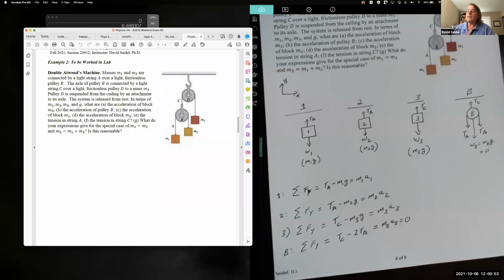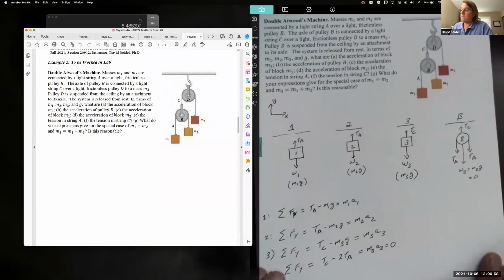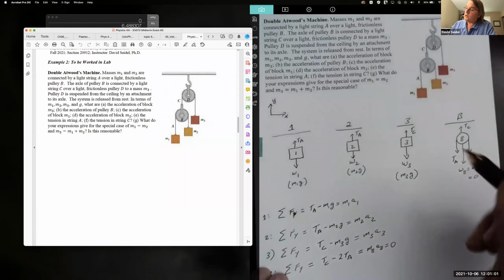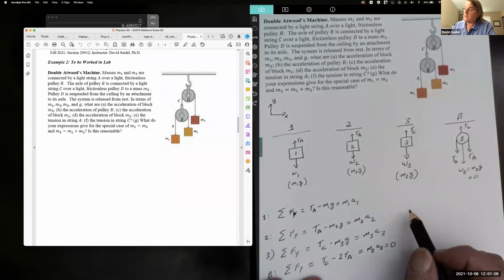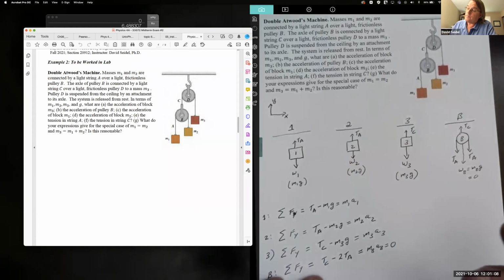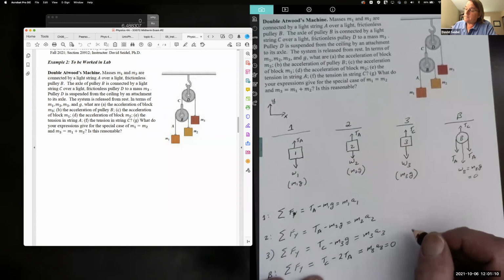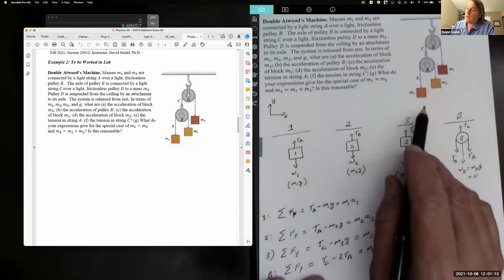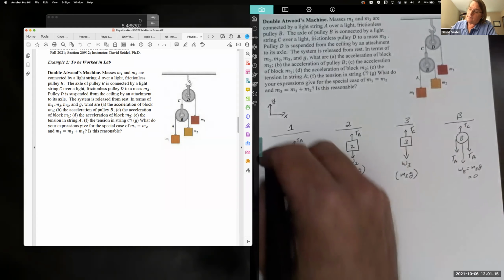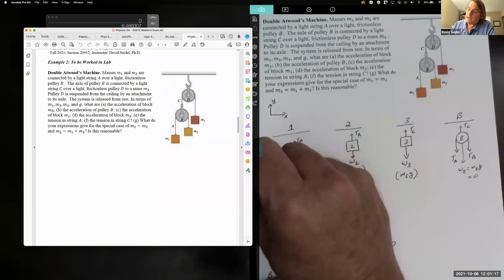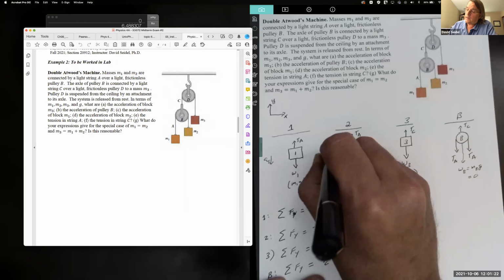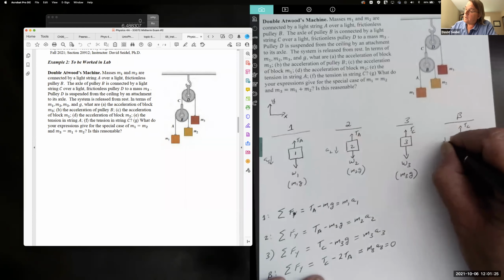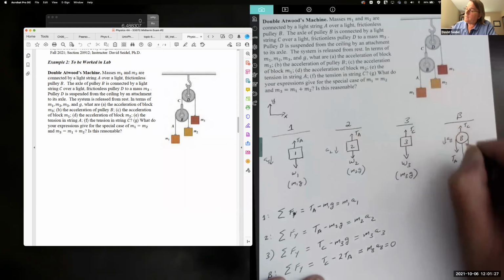So what's one thing that I know? If I were to draw acceleration vectors, and I don't really want to, but I'm going to assume that 1, 2, and B are going down. I'm just going to draw that this is A1, A2, AB.